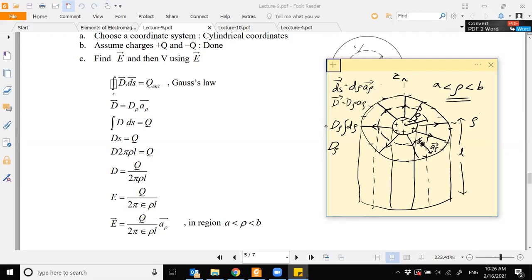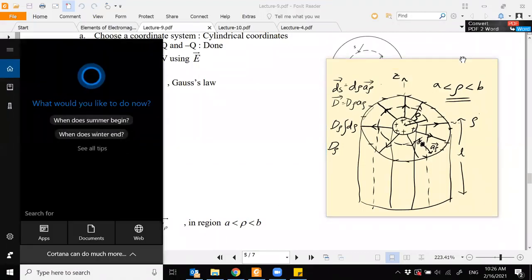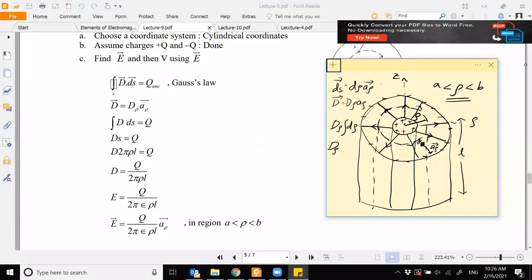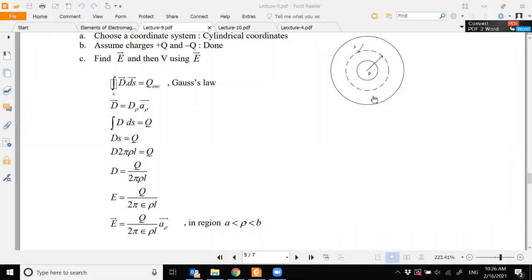So what is the integral of dS? That is the surface area of this cylinder. What is the surface area of the cylinder? Of an open cylinder.